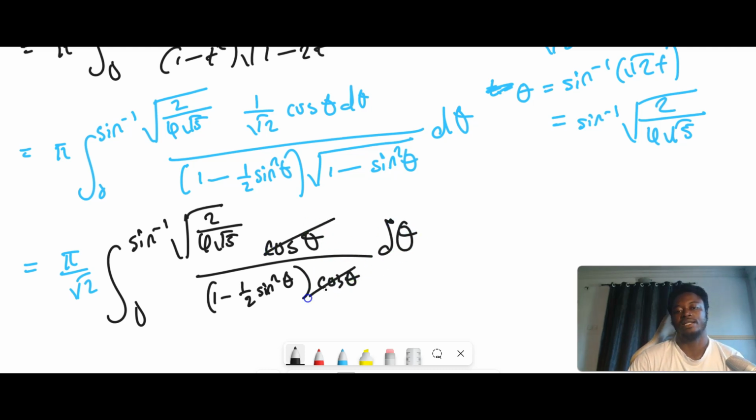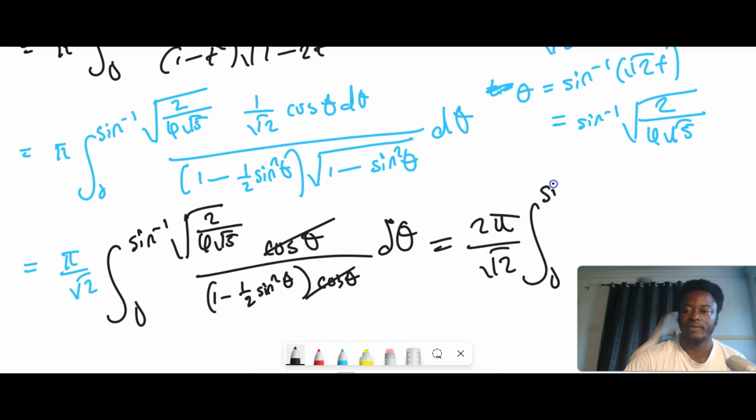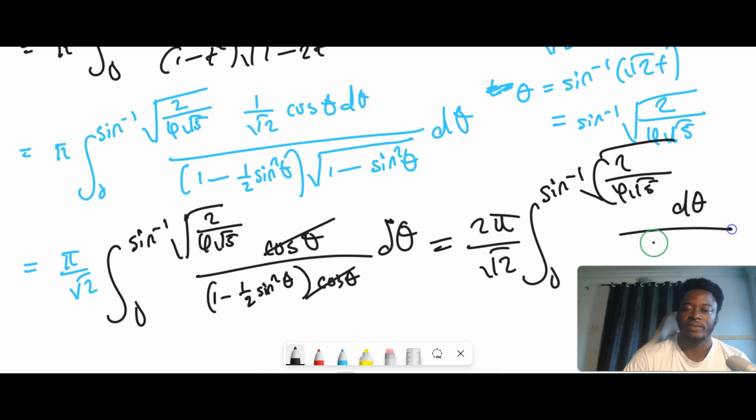So they cancel out. This is what I wanted to say. Then at the very top, you will have 2 pi over square root of 2 times the integral from 0 to sine inverse of square root of 2 phi square root of 5. Then you would have a d theta all divided by 2 minus sine squared theta.